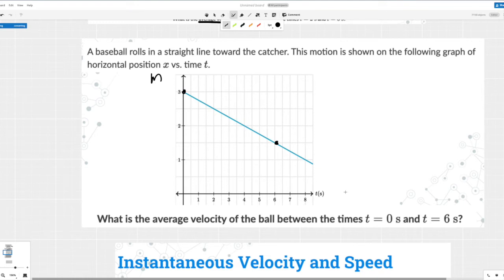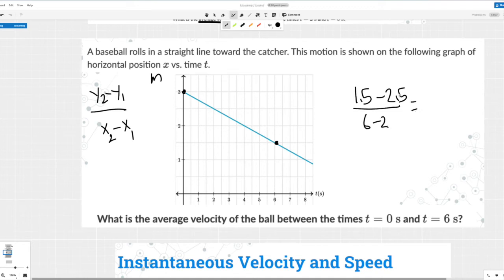So you have to figure out the slope: y2 minus y1 over x2 minus x1. This is the second y, so we have 1.5 minus 2.5 over 6 minus 2.